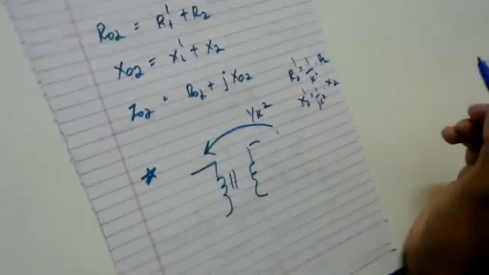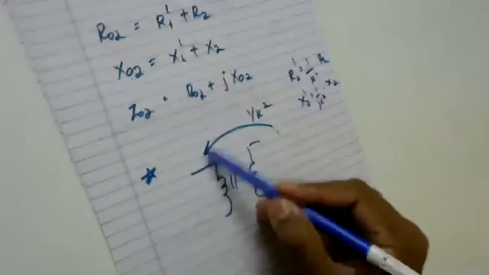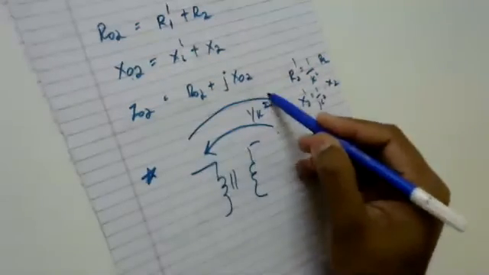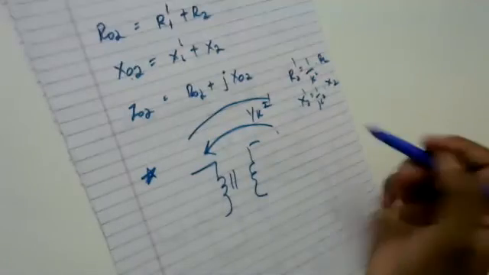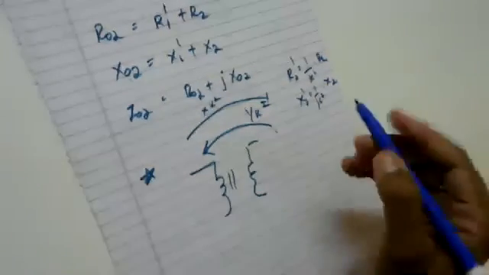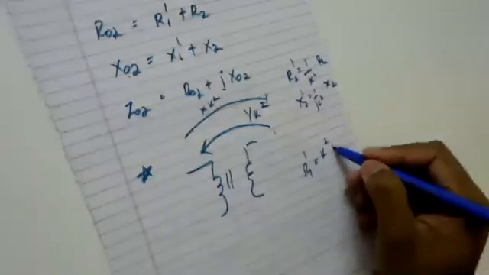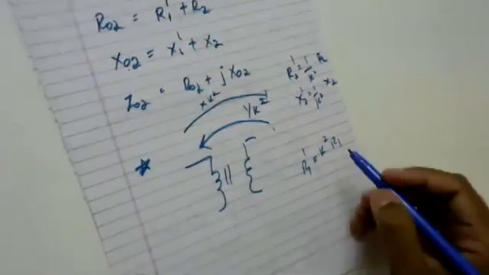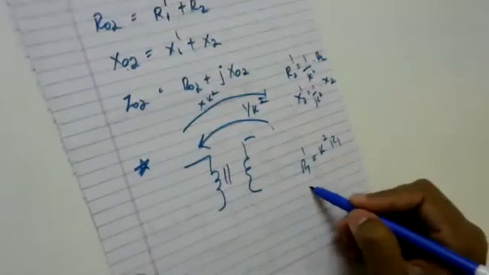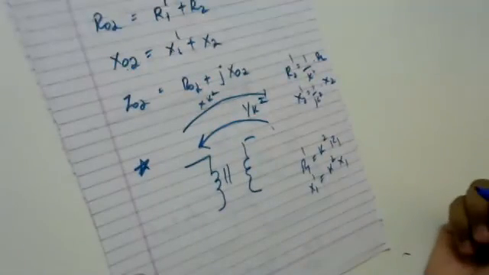Am I right? Now, if you want to transfer any parameters from primary to secondary, what are you doing? You are simply multiplying by k square. So what is my R1 dash? R1 dash is k square times R1. What is your X1 dash? X1 dash is k square times X1.